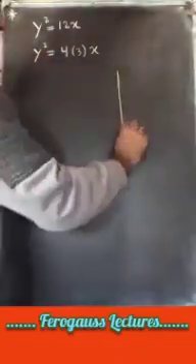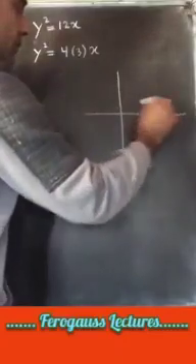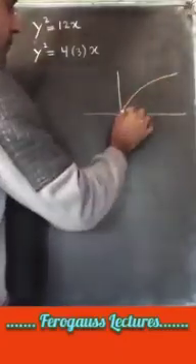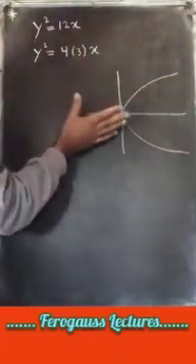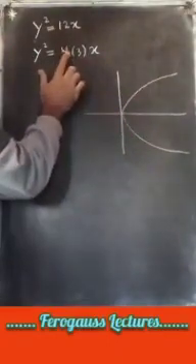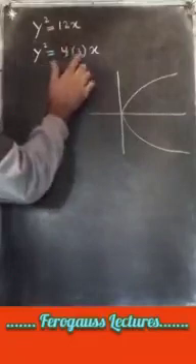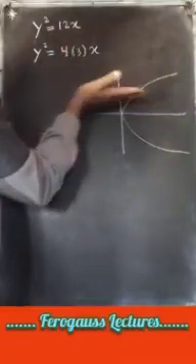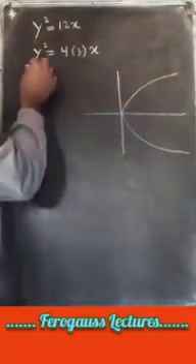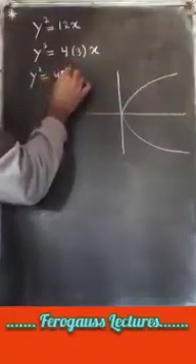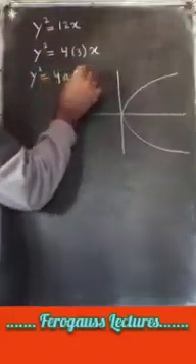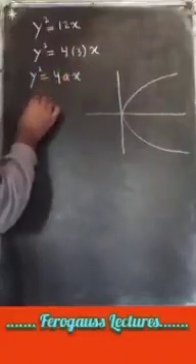It is like this. Here we have y square, so it is symmetric about x-axis, and also this is positive, so its axis is along positive x-axis. Now if we compare this parabola with y square equal to 4ax, then we have a is equal to 3.